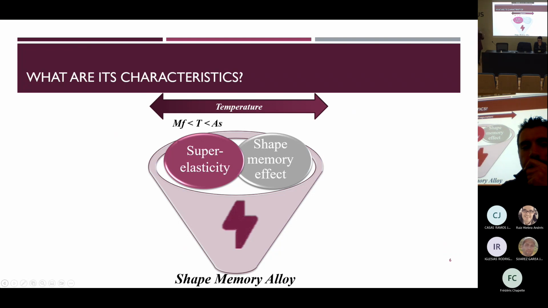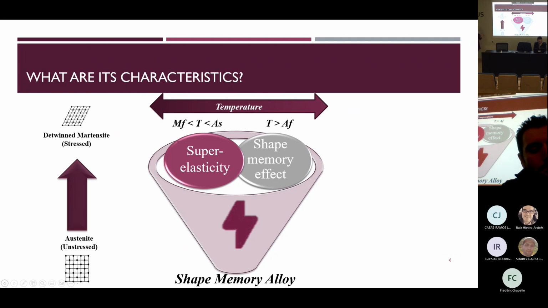Between the finish temperature of the solid phase called martensite and the start temperature of the austenite phase, we can have superelasticity. However, at temperature over the finish temperature of the austenite phase, we have the shape memory effect. Too much detail, okay, but they are important to follow next.